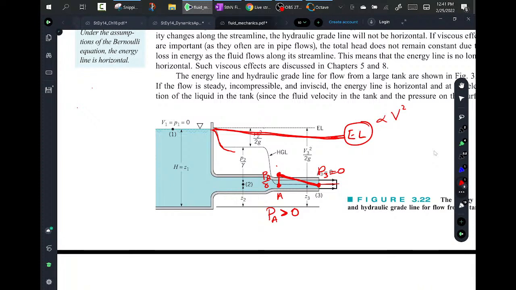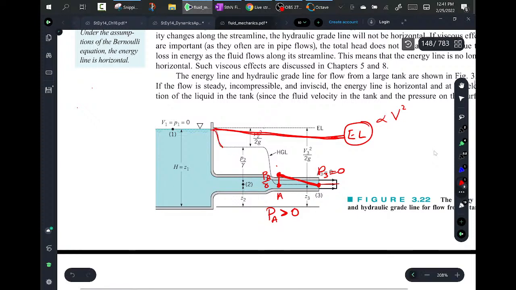So in fact, as you look at this, you're going to have changes in pressure because of this.